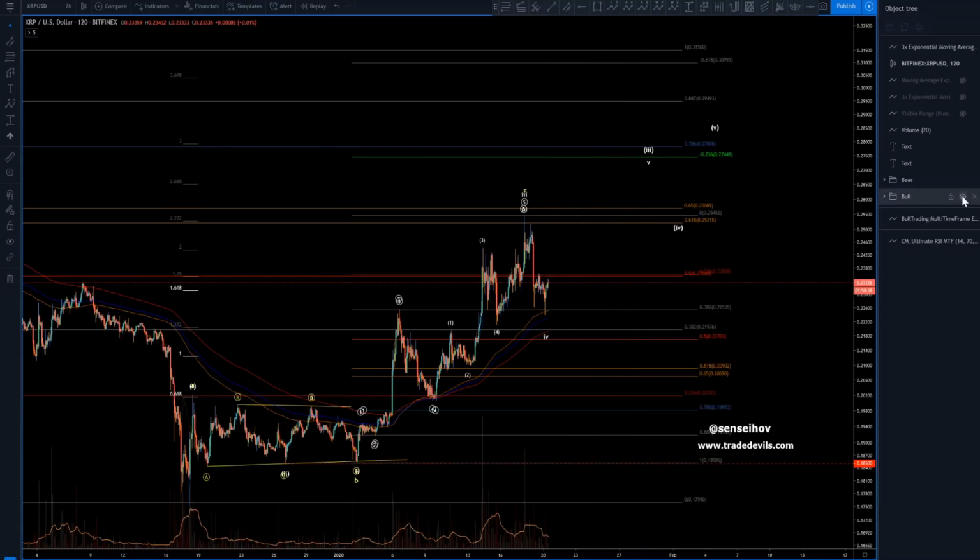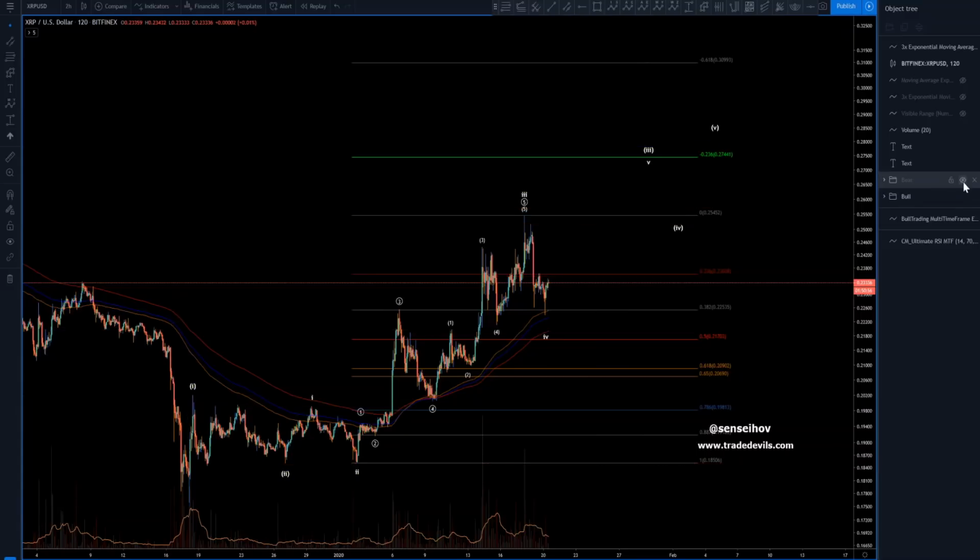So that is both the bull and bear case for Bitcoin, Ethereum, and Ripple. It's really up to you guys to choose or figure out what you think is best.